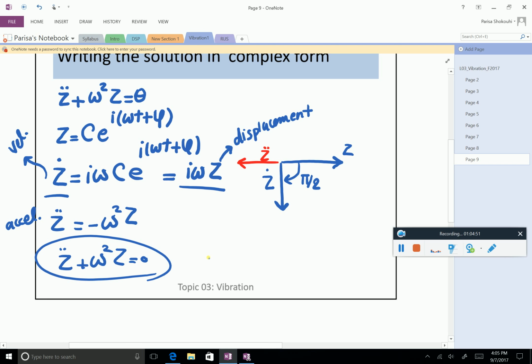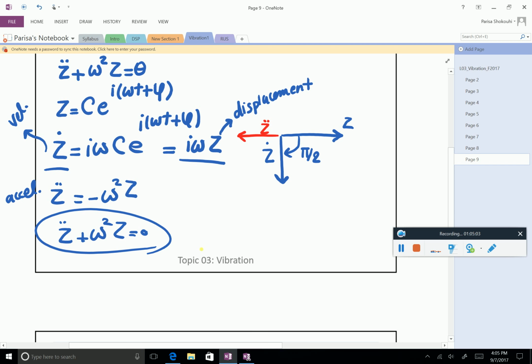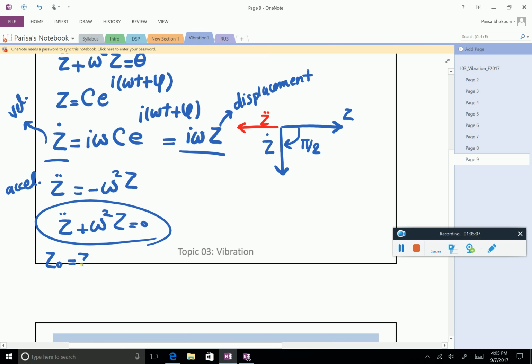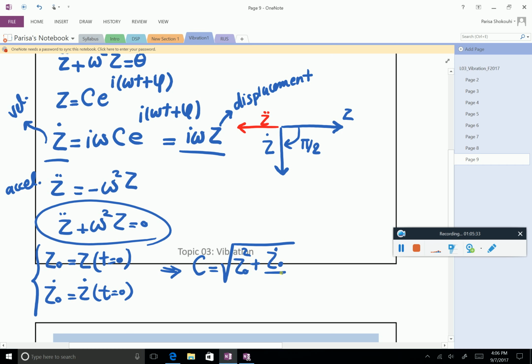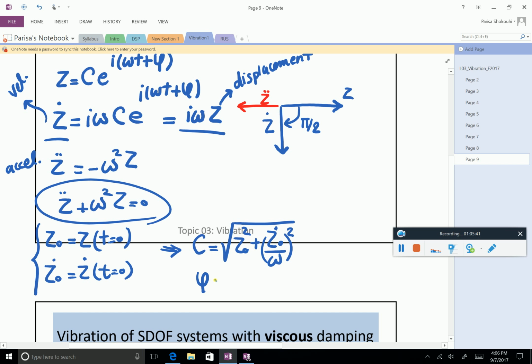And if you apply the boundary conditions, saying that we have initial displacement and velocity, then it's easy to show that C, as you would expect, is the same as you had before, and you get phi, which looks just like beta.